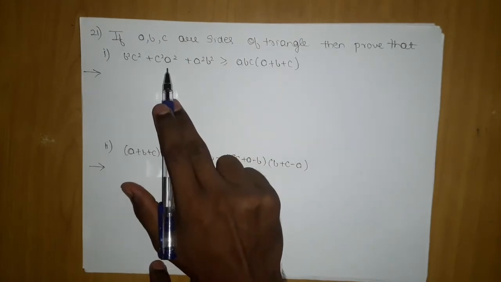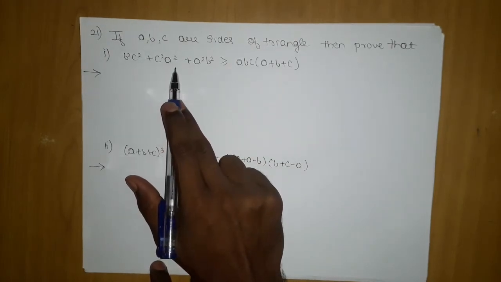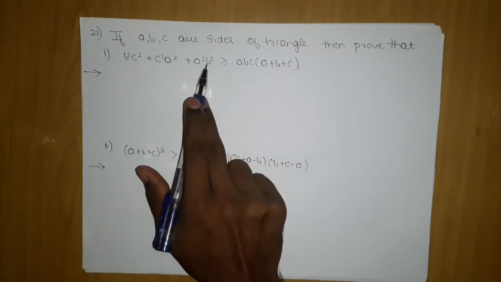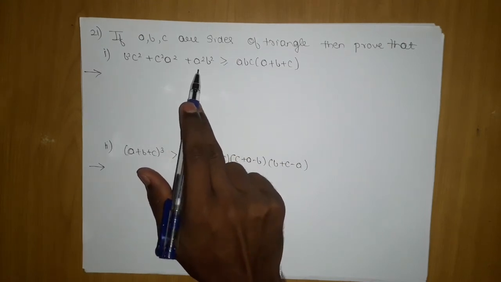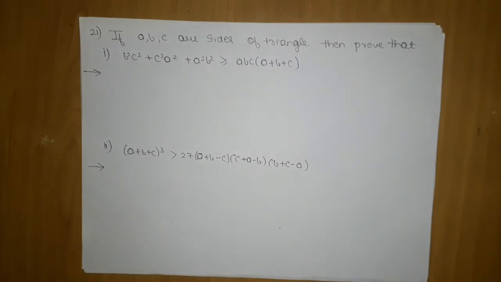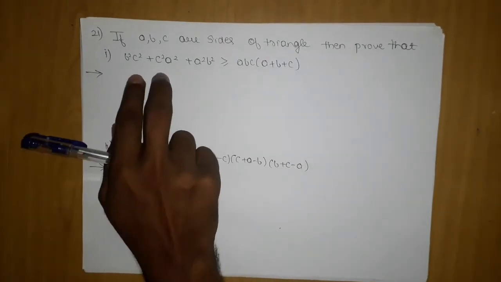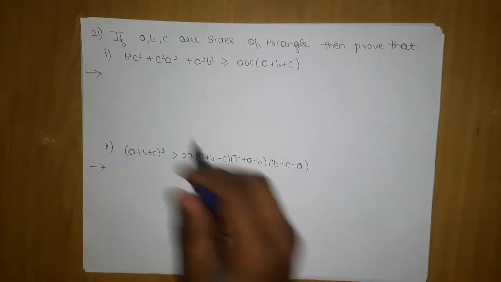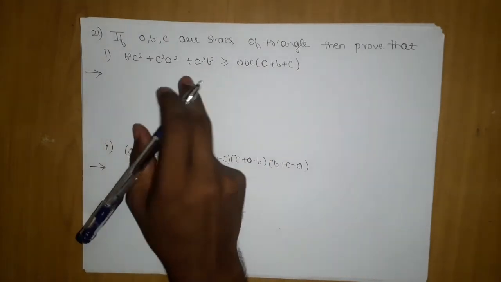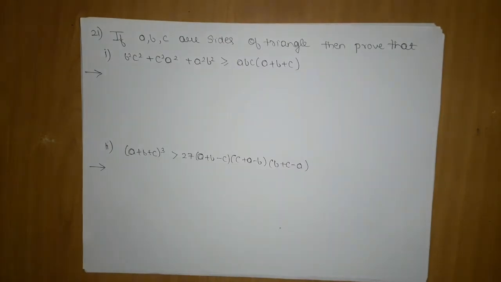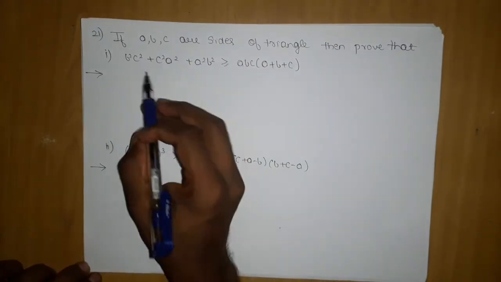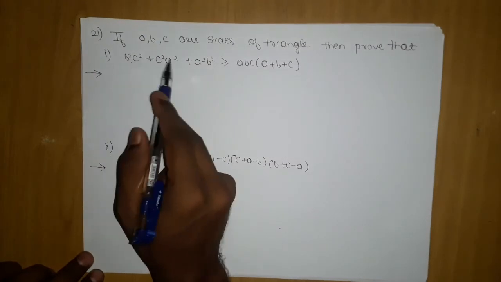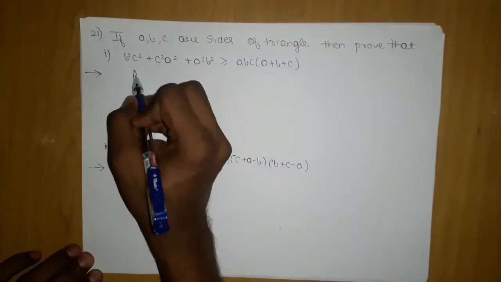In the case of three terms, there would be 4 4 4, so 4 by 3, not that. So we will target two terms. If I target these two terms, then I will get a square in the product, and a and c to the power 4 will act as my c square, and then we can take c common. It makes more logical sense going this way rather than taking three terms.